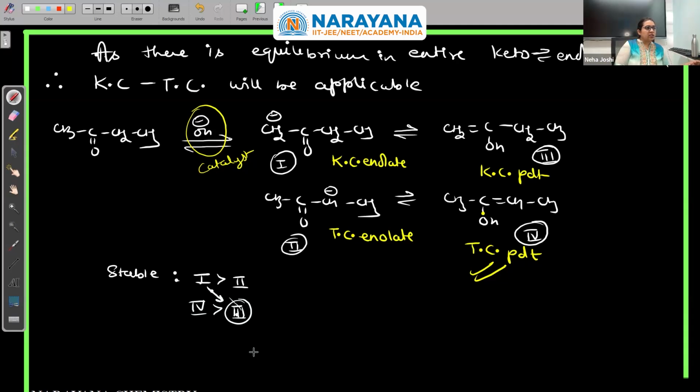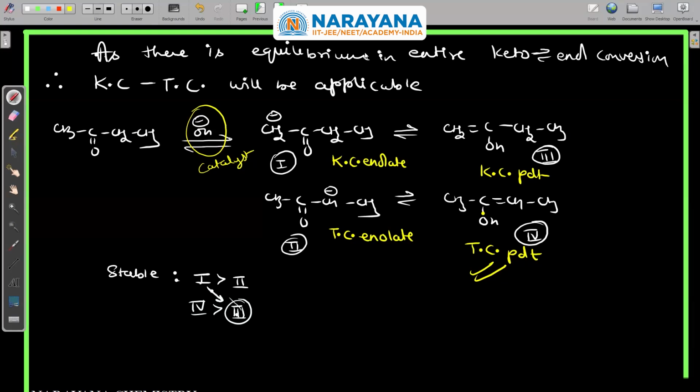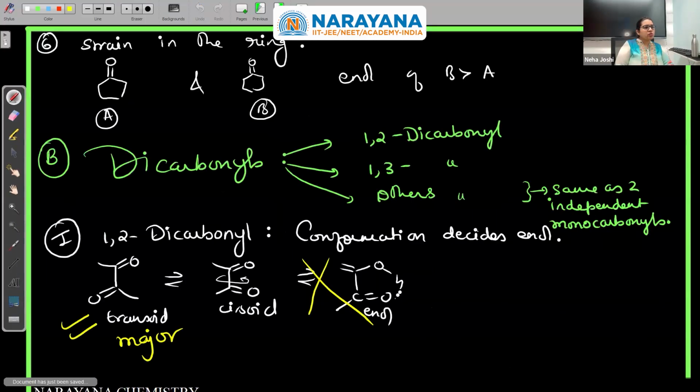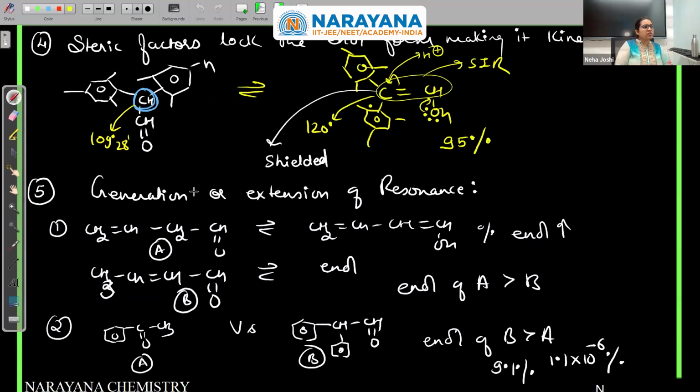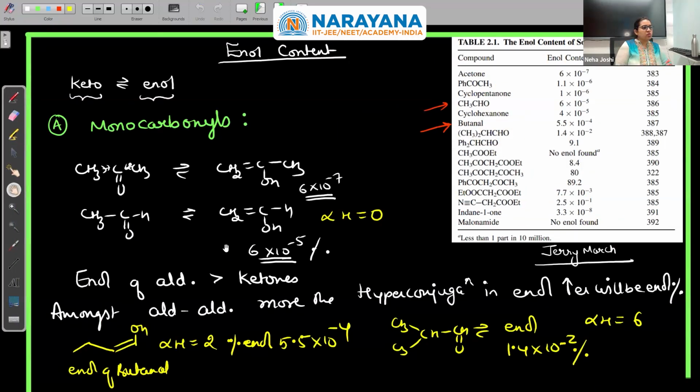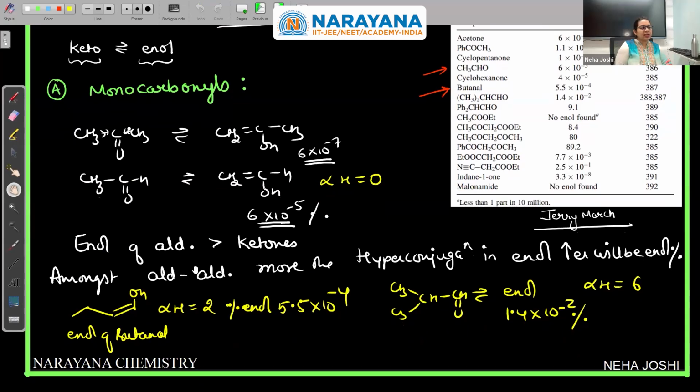Yes, Ashish, now you can unmute yourself and please ask. Ma'am, in aldehydes and ketones, in aldehydes the enol content is more. Can you say that when compared to ketones? What is the reason, the bond dissociation energy? The bond dissociation energy of the keto bonds. As I said, regarding ketones versus aldehydes enol content, aldehyde enol content is higher.